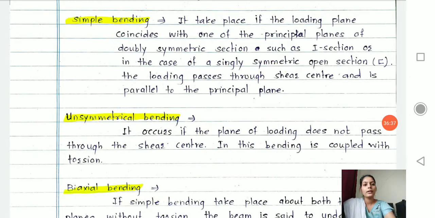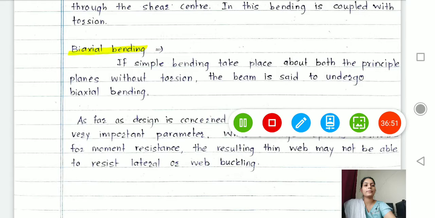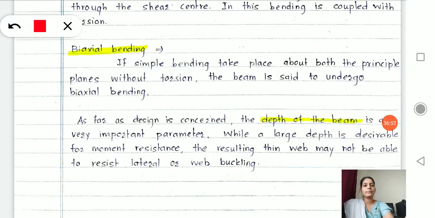Okay. Next, the last one is biaxial bending. In biaxial bending, what happens? Simple bending takes place about both the principal planes without torsion. In the first case, simple bending takes place only when the plane of loading coincides with one of the principal axes.